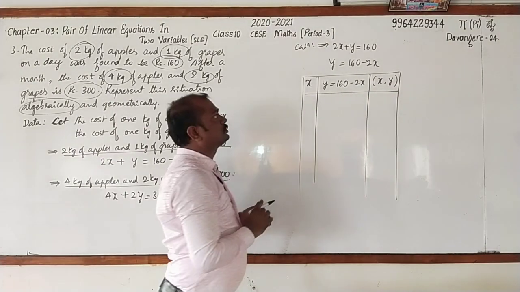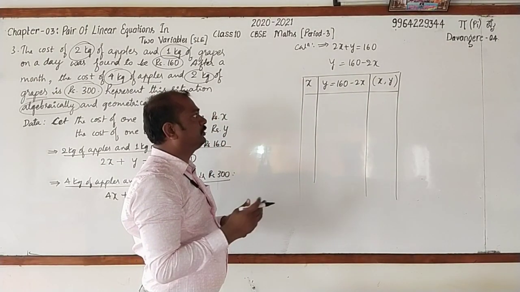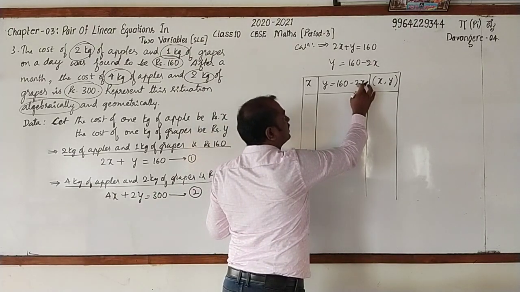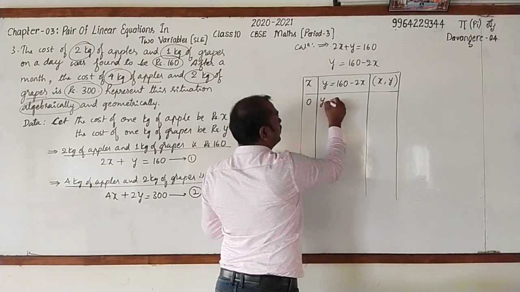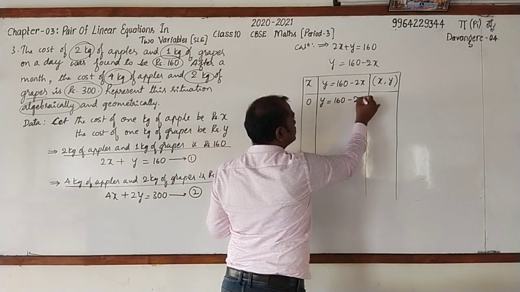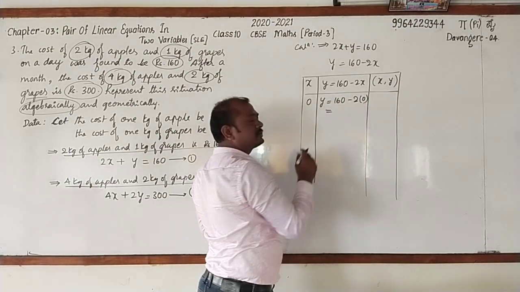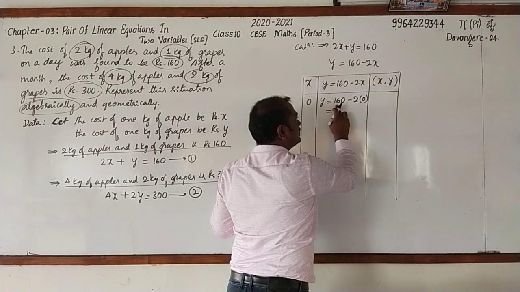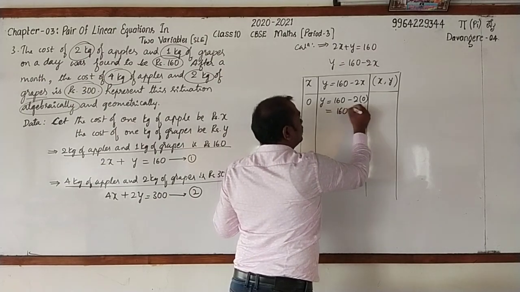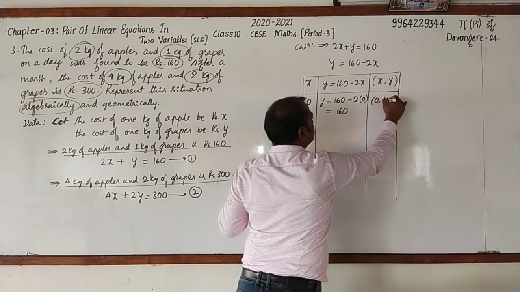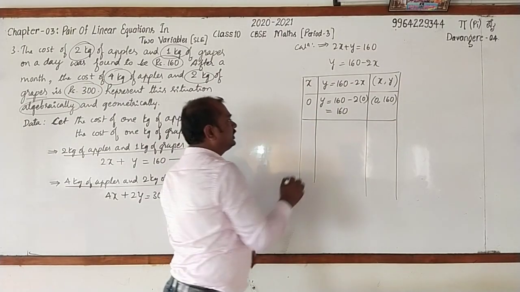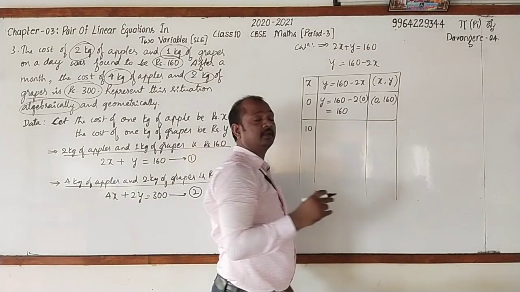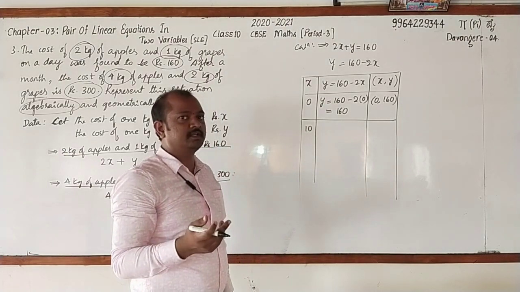Now let's go for choosing the values. In place of x, let me take 0. Then y is equal to 160 minus 2 into 0. 2 into 0 is 0. Then this is 160. When x is 0, y is 160. Next, second one. I'll take whole numbers, it will be easier.